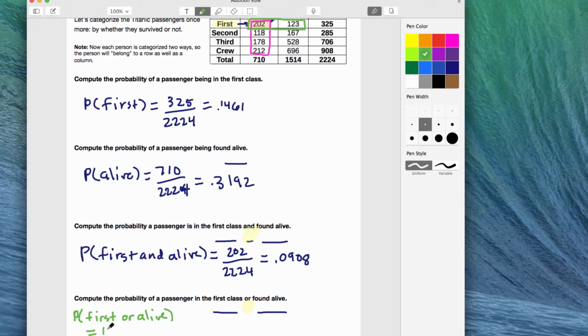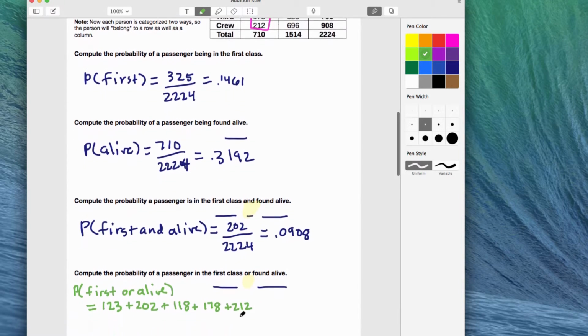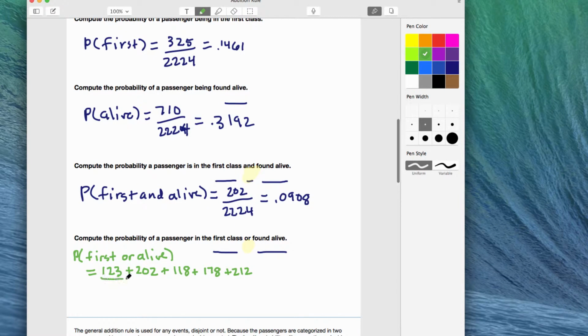I'll start with 123 plus 202 plus, now I'll keep going down the column, 118 plus 178 plus 212. So those are my people. Now to find the probability, I'll divide by the grand total, 2,224.